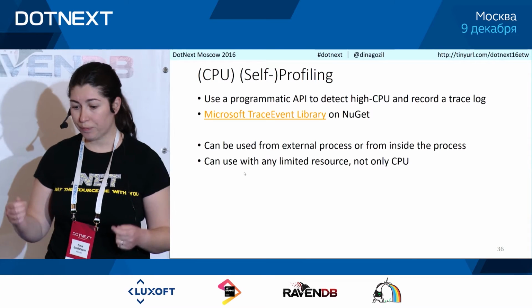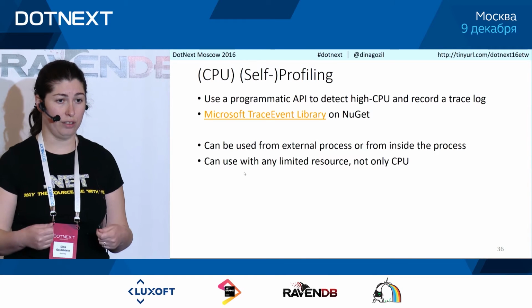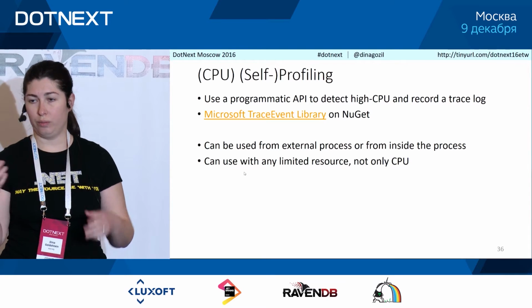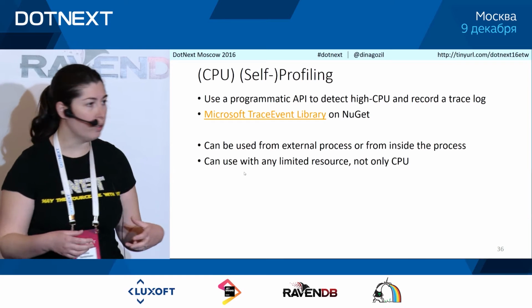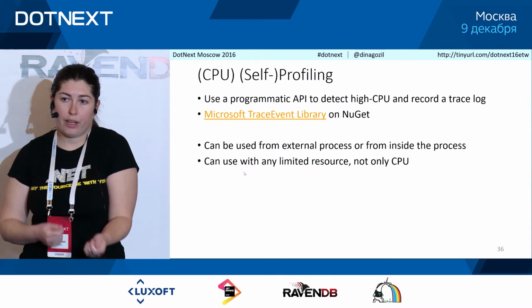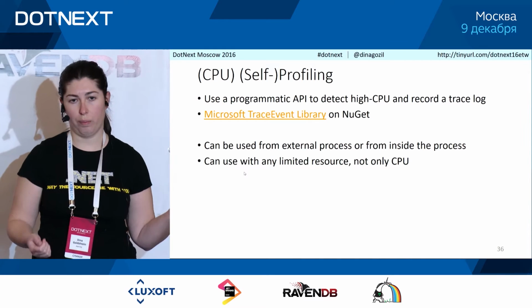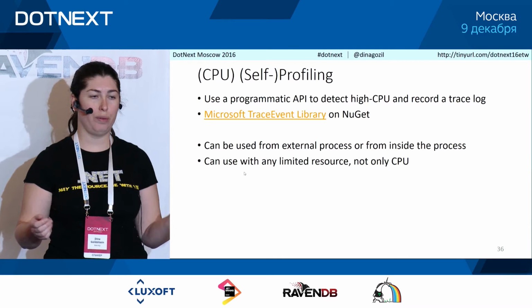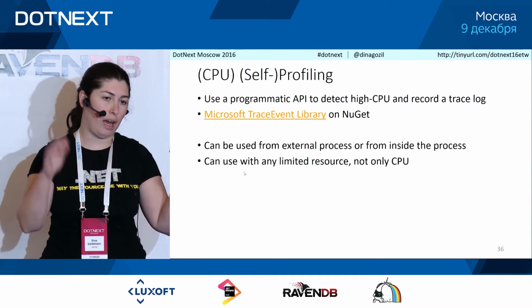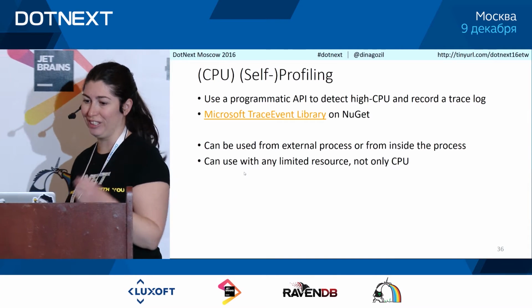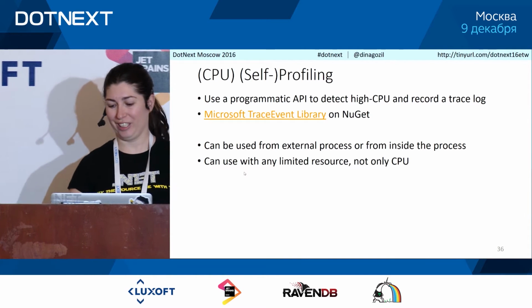If that happens, I can start an event session right away and start recording for a while, for a minute, 2 minutes, until the CPU goes back down, whatever you think is good for you. Then later I can take this data, send it back to the development environment, and analyze why the application was taking too much CPU at the clients. The clients don't even have to know that you did that.